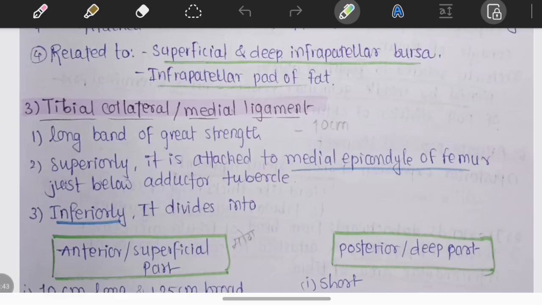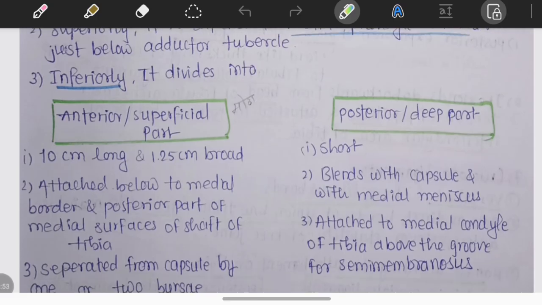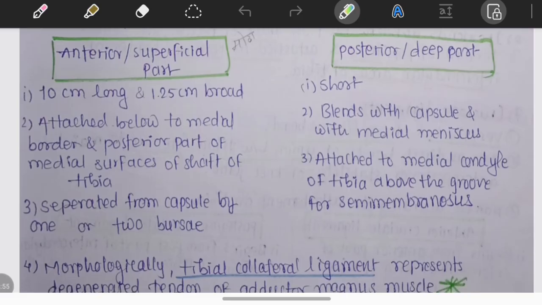Inferiorly it divides into two parts, the anterior superficial part and the posterior or deep part. Anteriorly it is 10 cm long and 1 cm broad; posteriorly it is short. Its anterior part is attached below to the medial border and posterior part of the medial surface of the shaft of the tibia, and the posterior part blends with capsule and with the medial meniscus.